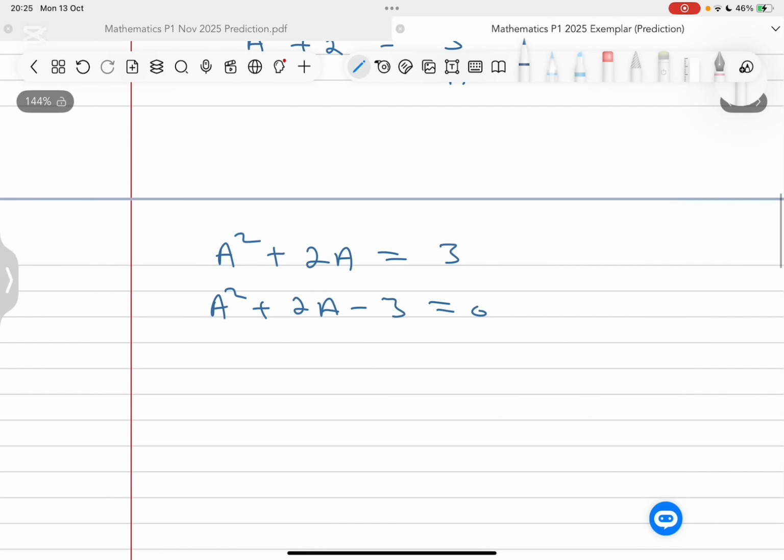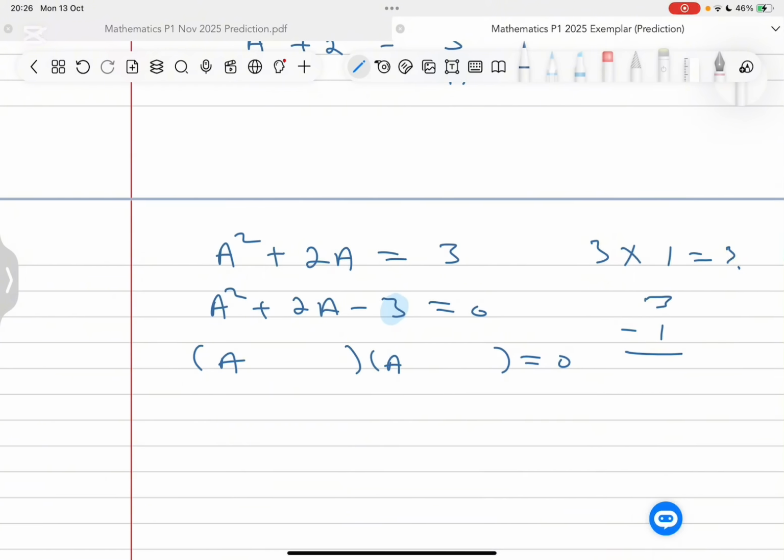And this looks like something that is very easy to factorize because then I'm going to have an a and a this side. And I can see that the factors of 3 here are a 3 and a 1, isn't it? So 3 times 1 should give me the 3. But I want to have a positive 2 here. For me to have a positive 2, when I combine the 2, I'm going to have my 3 to be positive and my 1 to be negative.